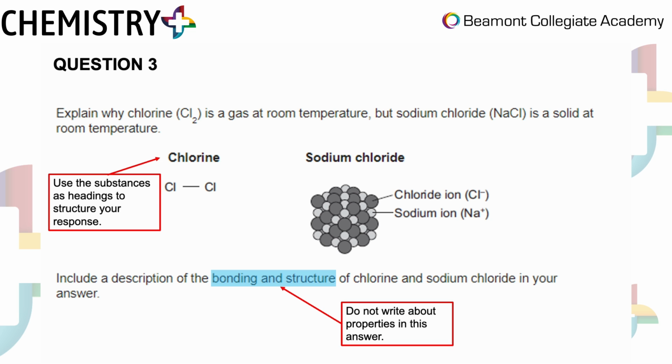Again, use the substances to provide you with an easy structure to your answer: a column for chlorine, a column for sodium chloride. Because it's about bonding and structure, do not write about properties. Pause the video. It's a 6-mark question. See how many points you can make.